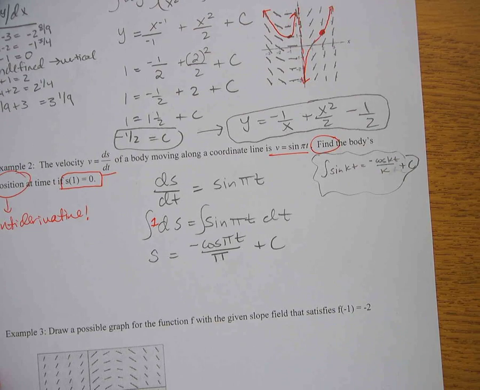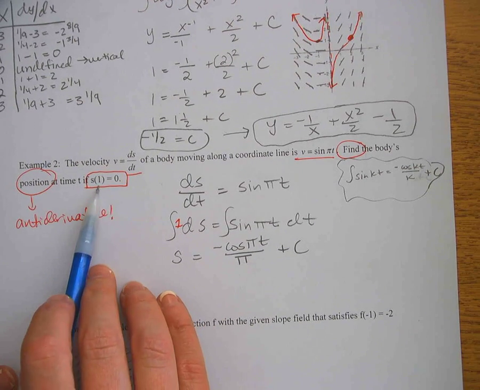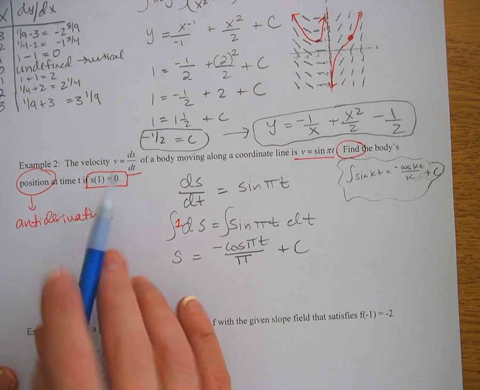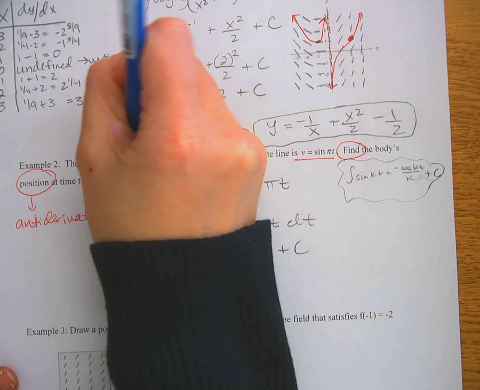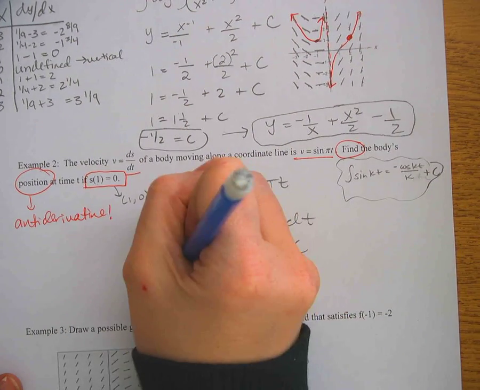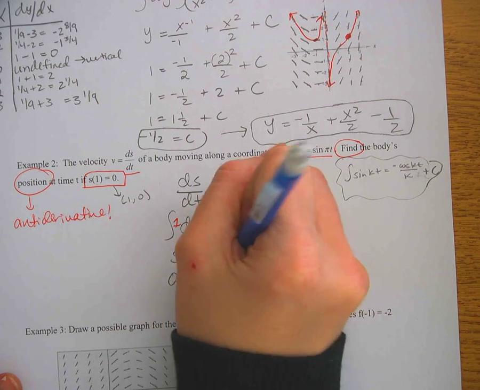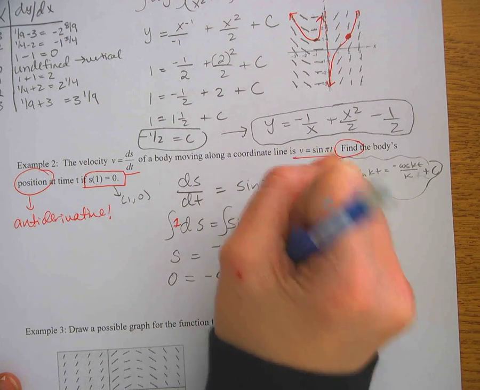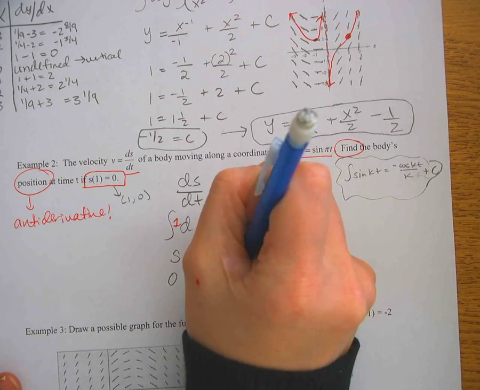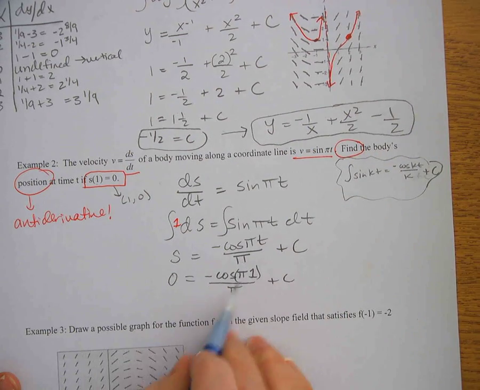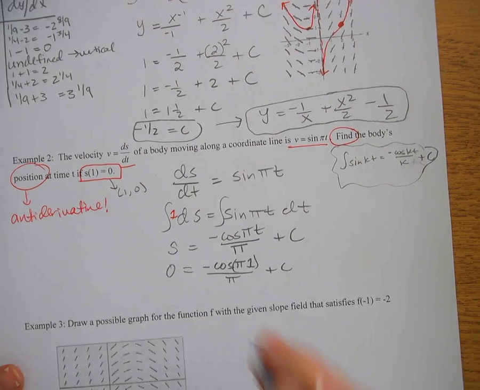Okay, now here's where I plug in my initial condition, which is 1 for t and 0 for s. So this is 1, 0. So I'm going to plug in a 1 where the t is. And that's basically just cosine of pi.